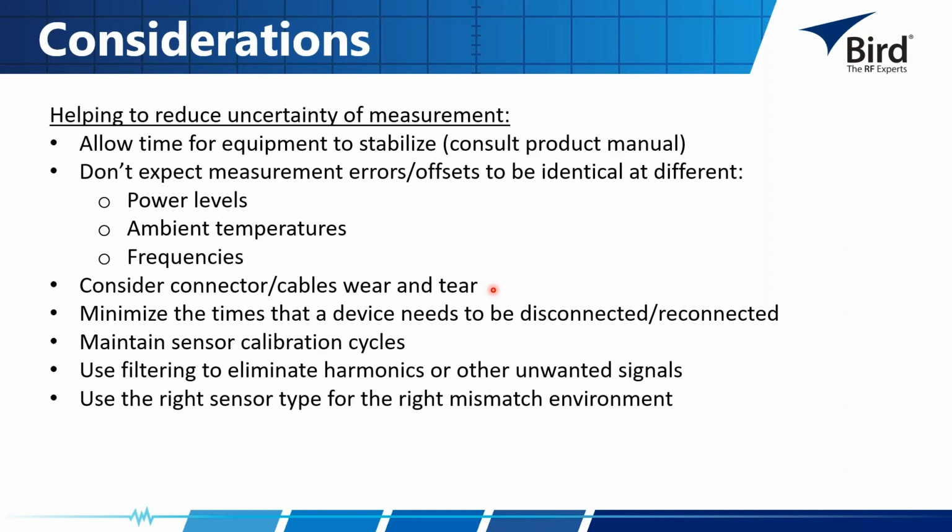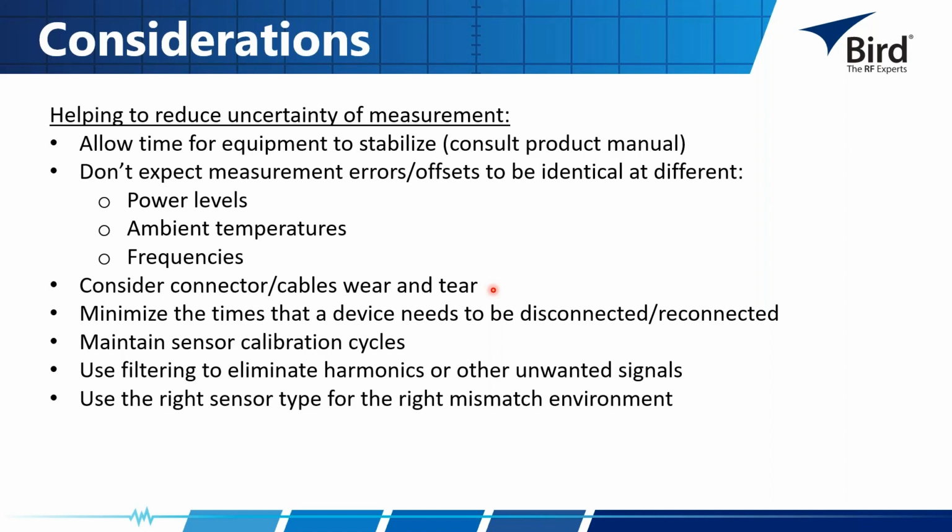Another consideration is minimizing the number of times that a device needs to be disconnected or reconnected. I've seen different test setups that people have created where it can require a lot of connection, disconnection, and reconnection from different places.